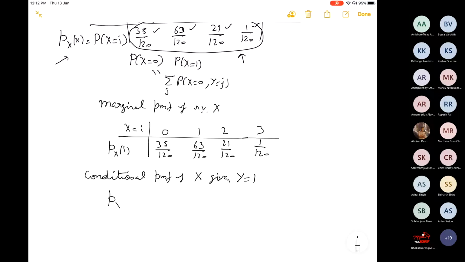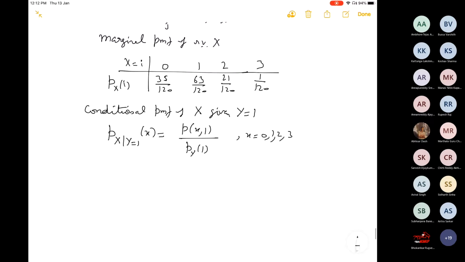That means probability of x given y is equal to 1 is p(x,1) upon p_Y(1), where x is varying from 0, 1 to 3. So for example, I want to find out p of x given y is equal to 1 at 0. So this will be p(0,1) upon p_Y(1).